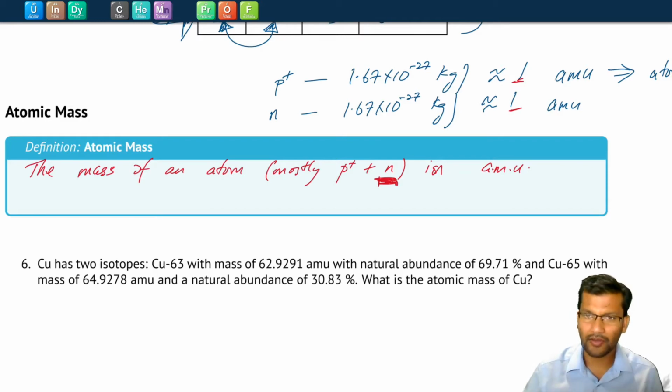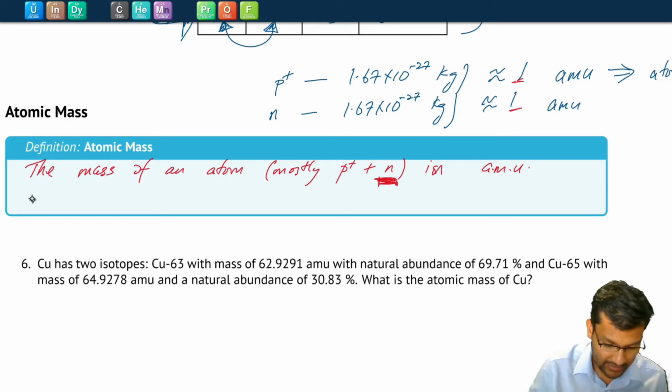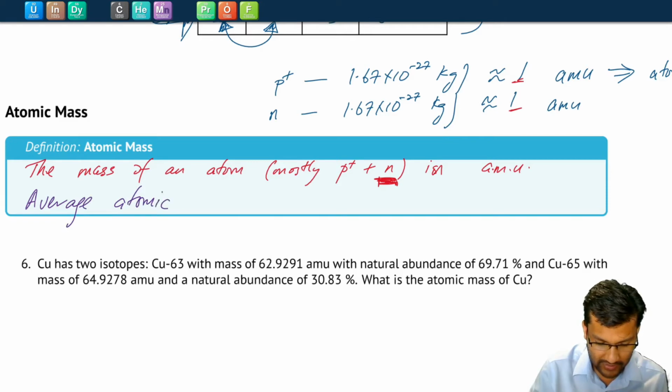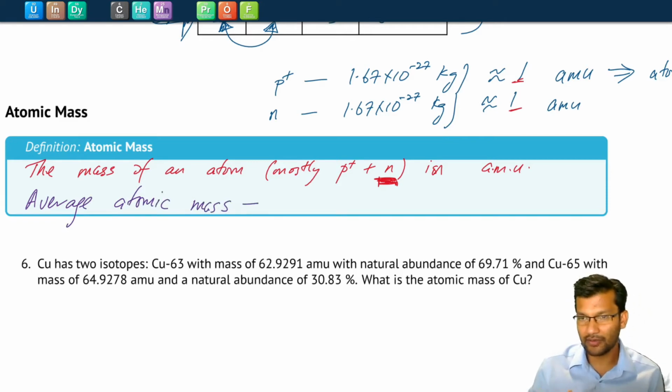And so really to be useful, we talk about average atomic mass. Sometimes people just call this the atomic mass, which is the atomic mass of all of the atoms as they occur in their natural abundance. So it would be the average mass of all of the carbon atoms that I'm holding at any given time.